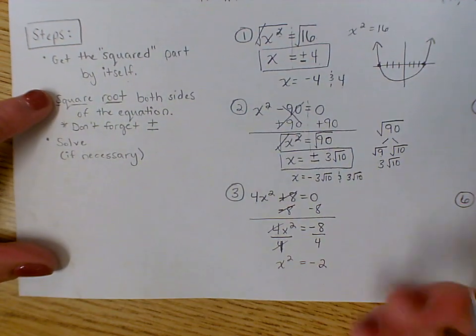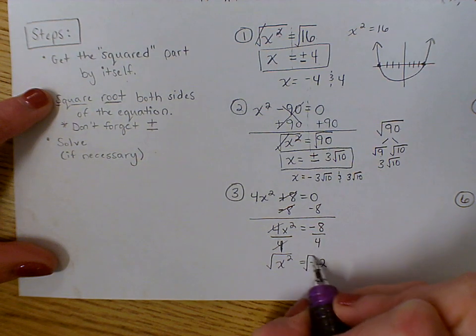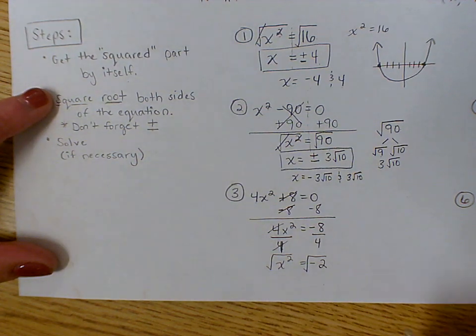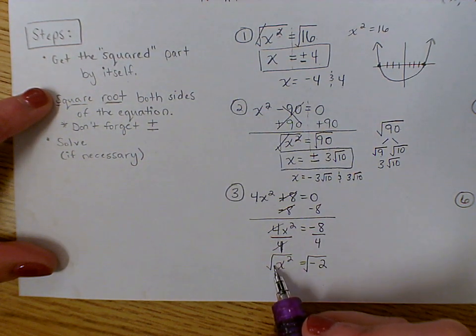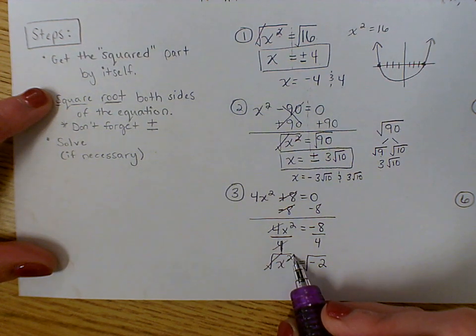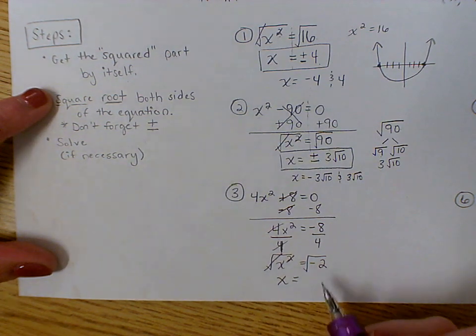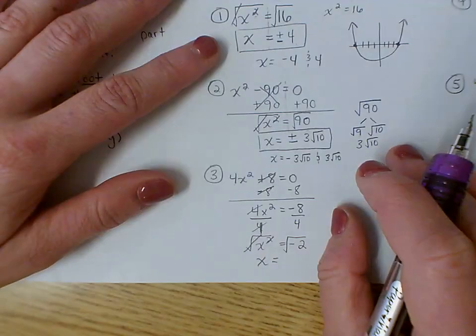The opposite of squaring is square rooting, and you have to do that to both sides. So your square root and your square will cancel, and you're left with x. Now, notice we have another dilemma here.